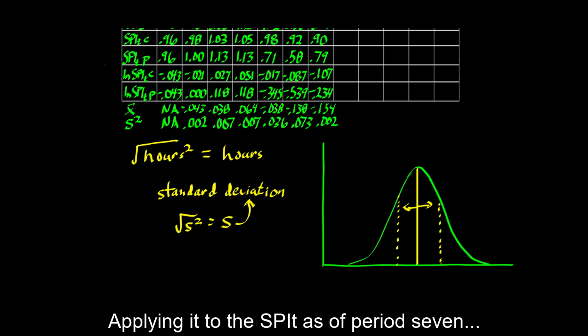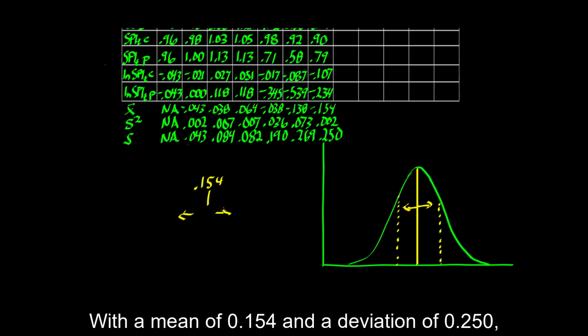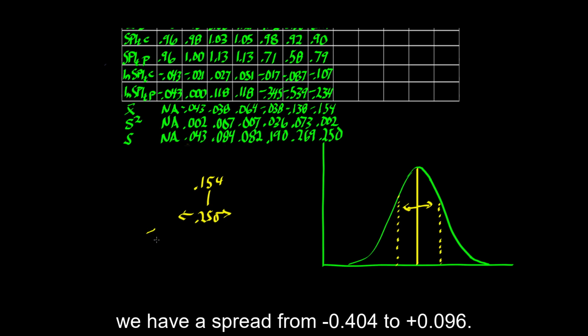Applying it to the SPIT as of period 7, with a mean of 0.154 and a deviation of 0.250, we have a spread from minus 0.404 to plus 0.096.